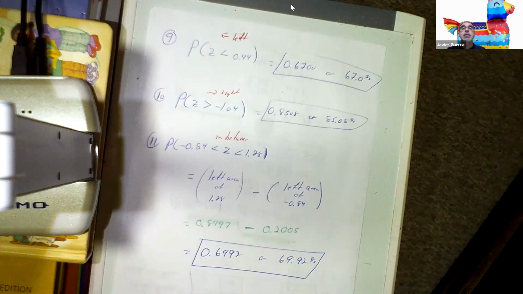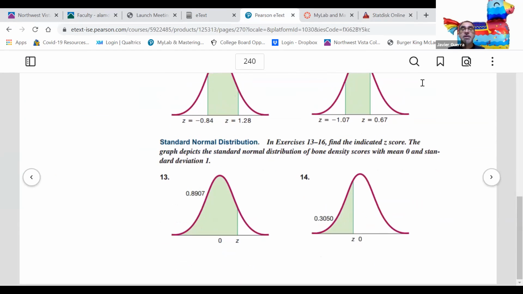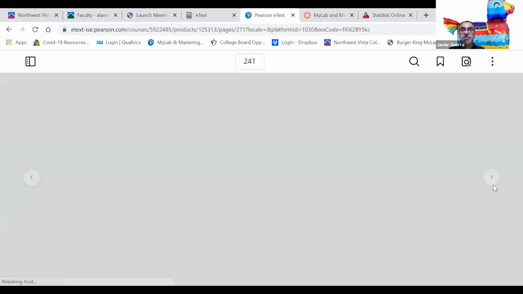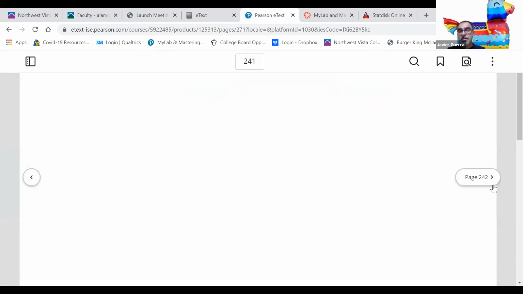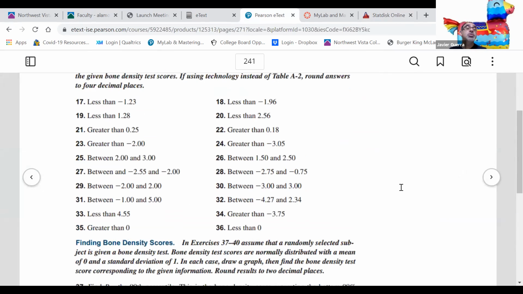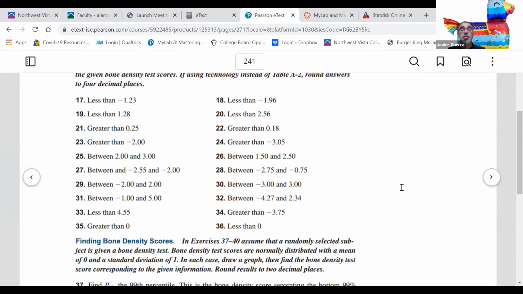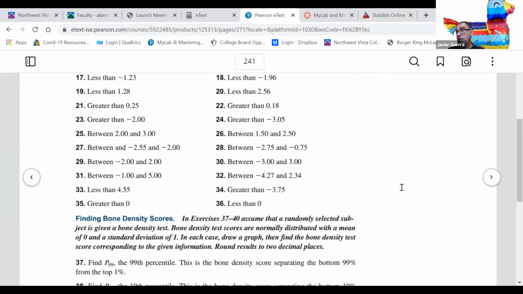All right, so that took care of that. Now, we can't do 13, 14, 15, 16, 17 yet. We're not ready for that. You guys are little peasants, still rookies. But we can do 17 through 36 if you want.